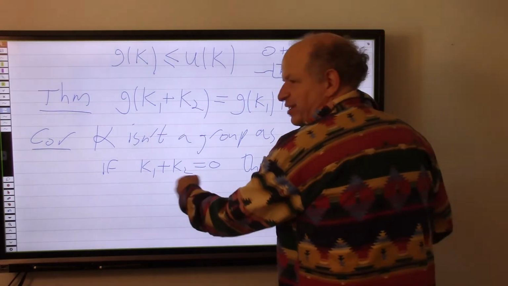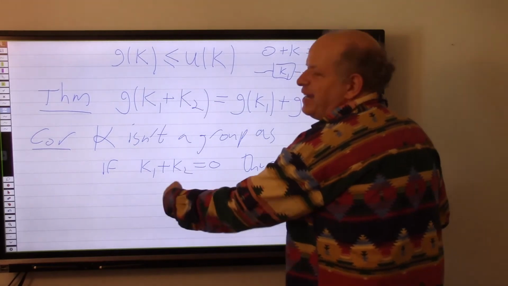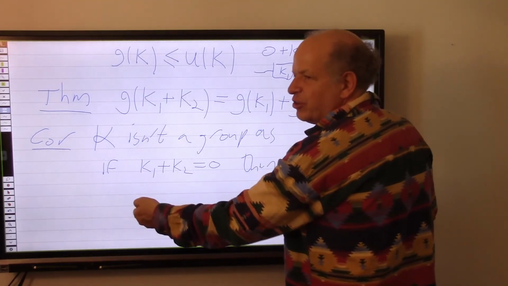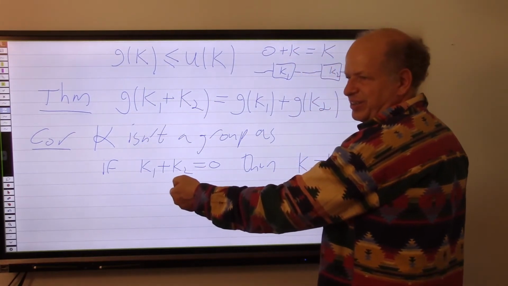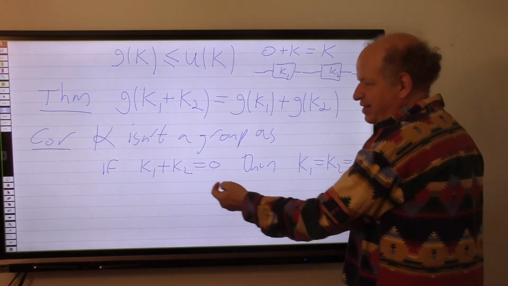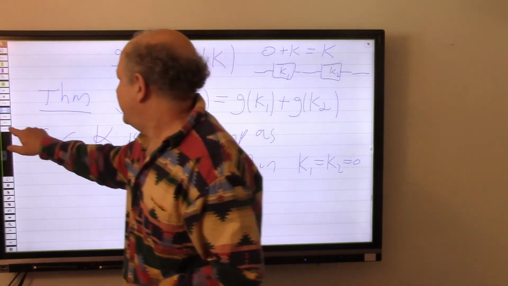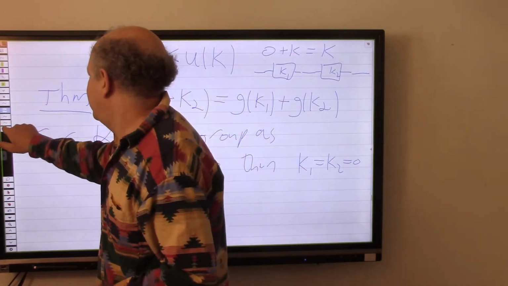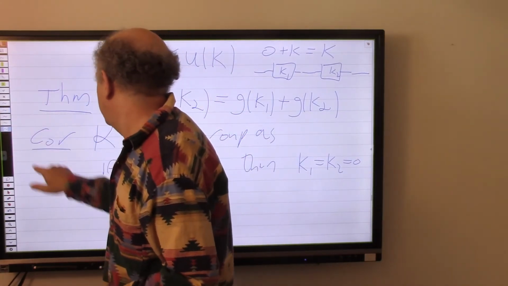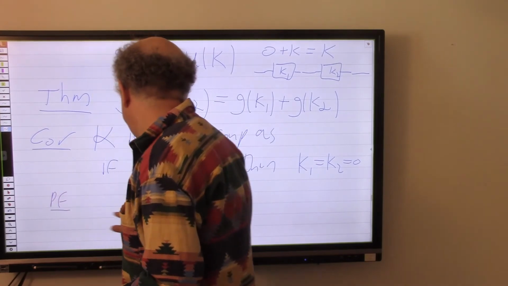In fact, the only invertible knot is the unknot. And why is this? Now I'm proving the corollary, so the proof is in purple.